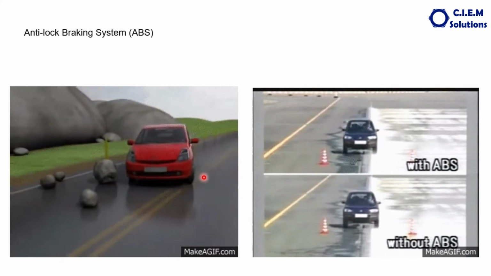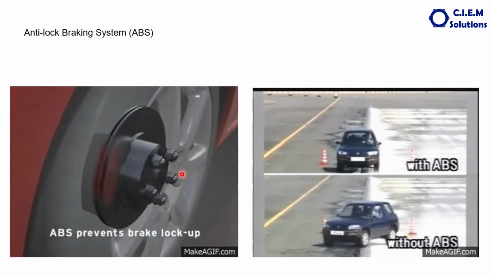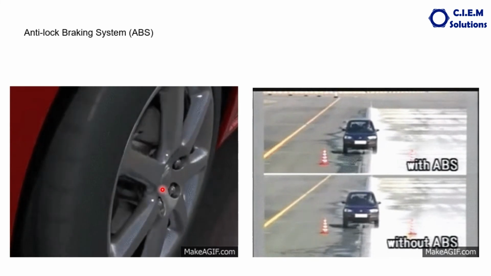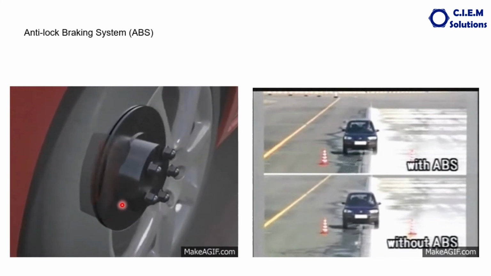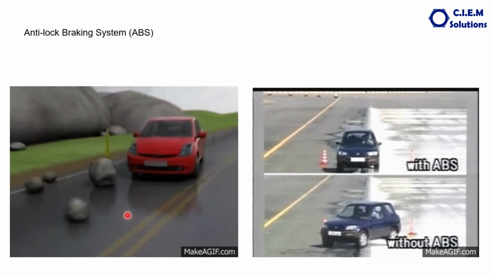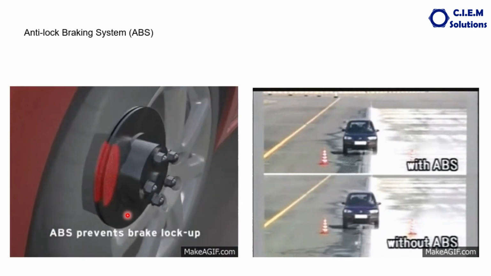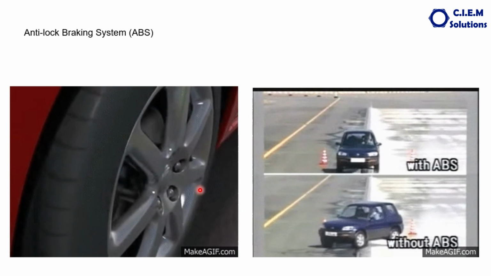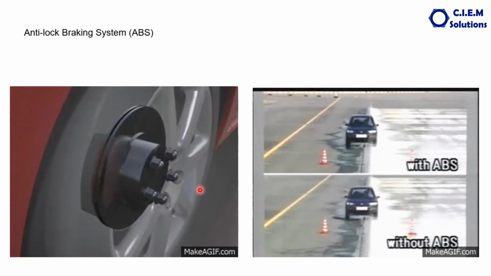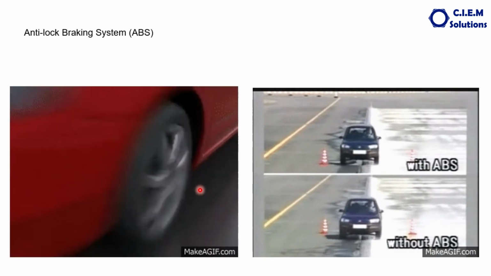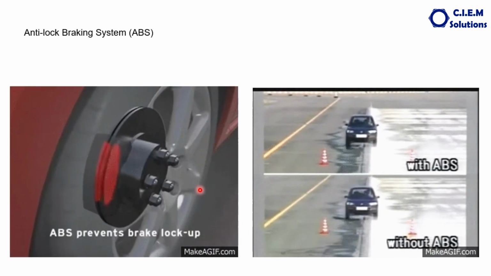Now coming to the other query. In ABS vehicles, if the brakes are released and held frequently, will there be any change in the stopping distance, or is the stopping distance of this ABS vehicle more than that of a standard brake system?